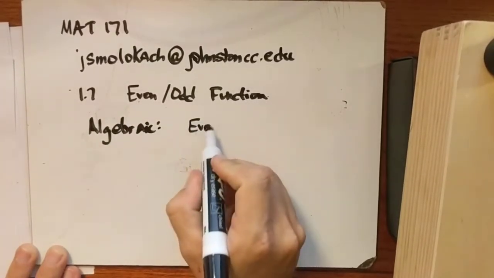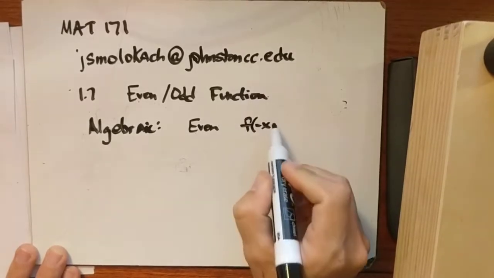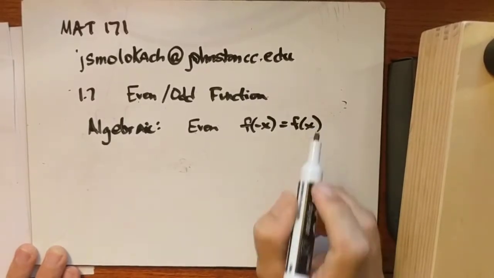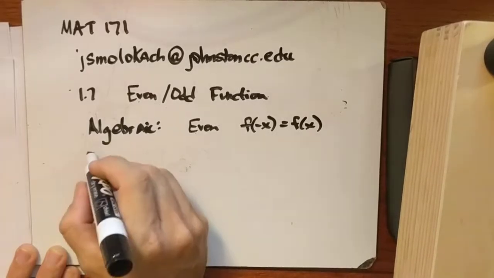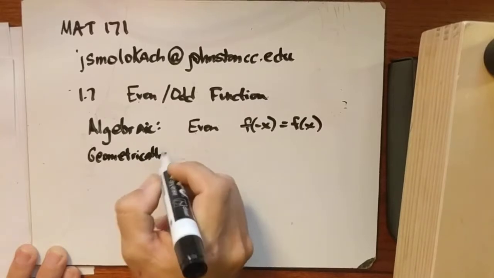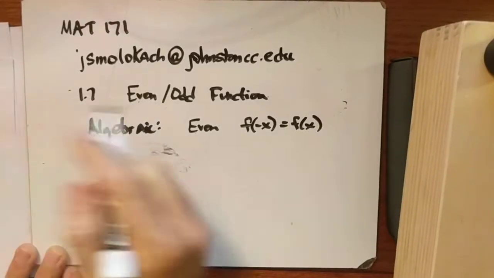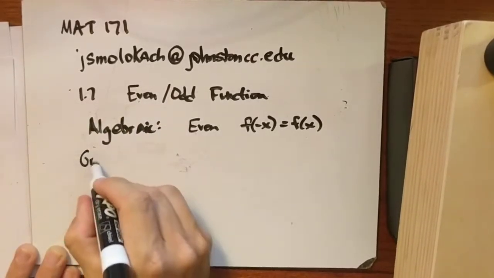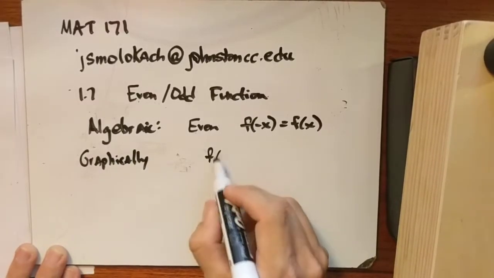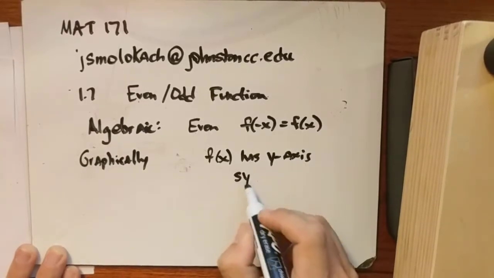By definition, an even function is one where if you put negative x in, you get the same y value that you get when you put positive x in. Geometrically speaking, or maybe I should just say graphically, I think graphically is probably a better way of saying this. Graphically, we could say f of x has y-axis symmetry.